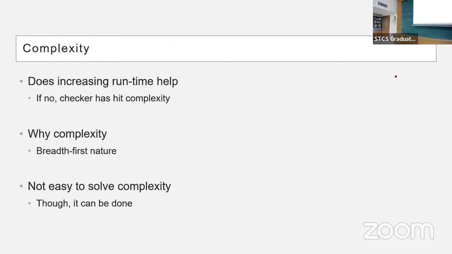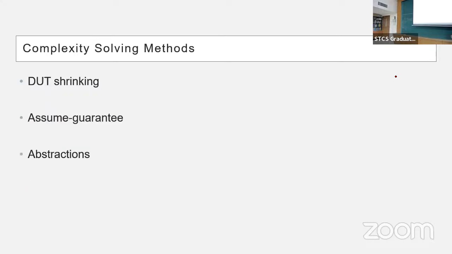I think we already talked about this. There are some complexity solving methods that we use. Whenever we come up with a bounded pass, we need to do the analysis: how can we help the tool do it?